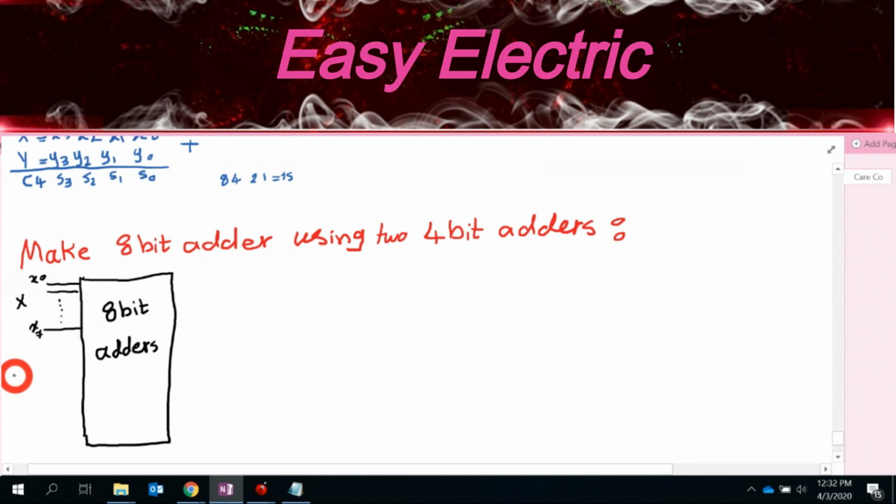Then you should have the Y. So Y definitely should have 8 bits, start with Y0 and end up with Y7, right? So definitely similar with the 4-bit adder, you could have one C in, right? So now tell me about the output.